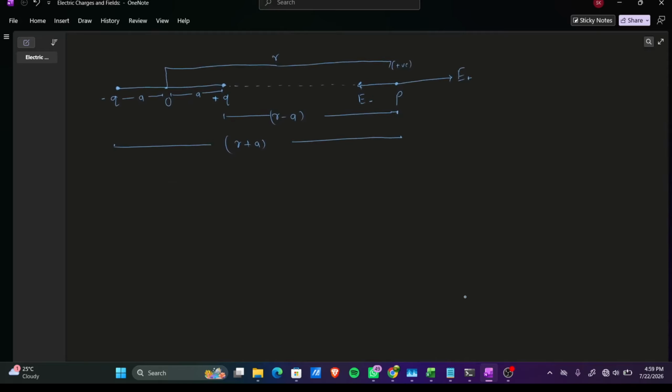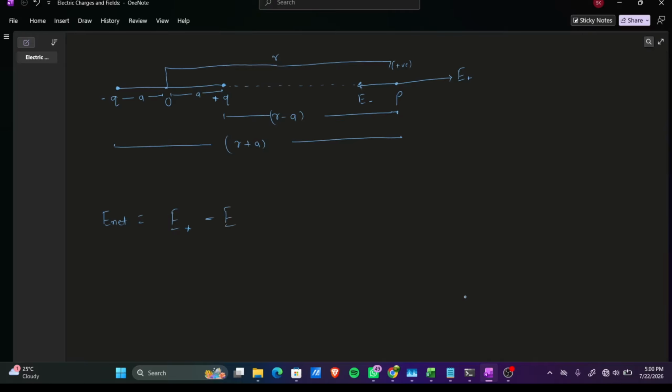Now we have to find out the electric field. Here are two electric fields, but there will be only one, the net electric field, and the net electric field will be the electric field due to this positive charge minus the electric field due to the negative charge.